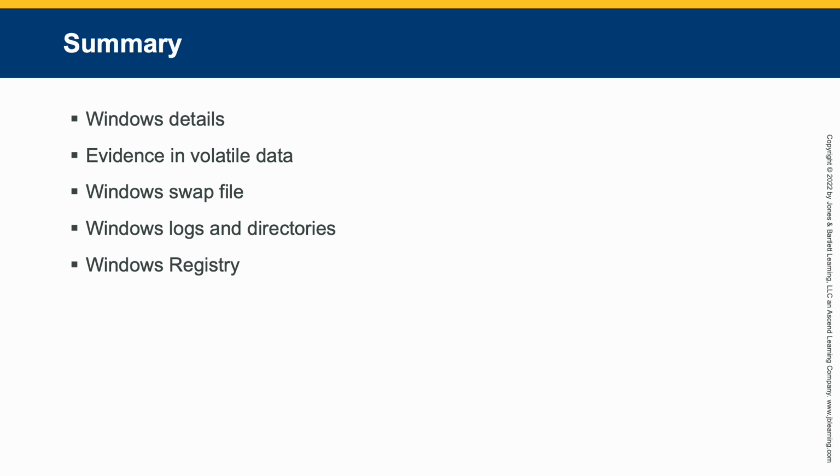Digital forensics relies heavily on the intricate details of the Windows operating system to uncover and interpret evidence crucial for investigations. Understanding the NTFS file system, including its metadata, the master file table, and features like alternate data streams, is essential for recovering deleted files, tracking file activities, and detecting hidden data. Analyzing volatile memory provides real-time insights into active processes, network connections, and potential malware infections that might not be captured through disk-based forensics alone.